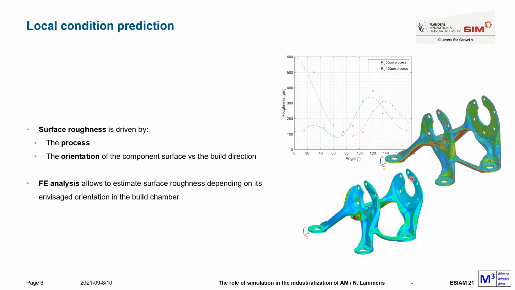The pictures on the right show two roughness predictions for different definitions of the build direction. As you can see, in each of the models, the surface roughness varies throughout the part, and between both models, the location of high roughness areas and low roughness areas varies with the definition of the build direction.